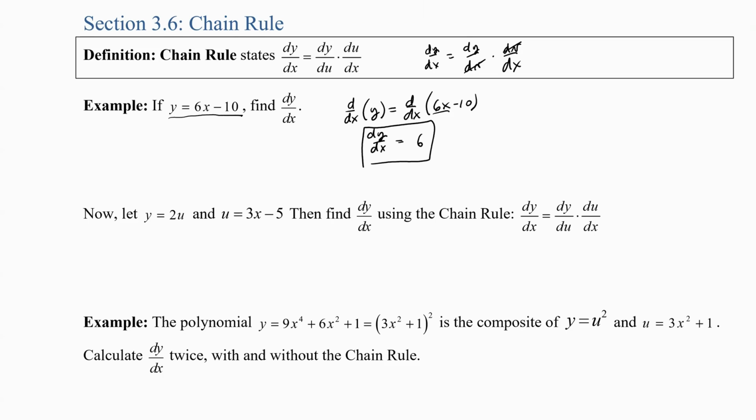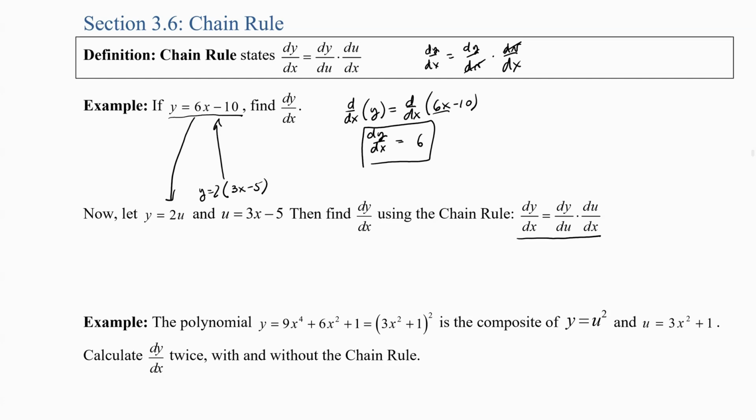Well, let's recognize that this equation is the equivalent of saying y is equal to 2u if u is equal to 3x minus 5. Again, imagine y is equal to 2 times u, and u is 3x minus 5. And you can see that we get exactly that. Okay, can we find the derivative using the chain rule now?